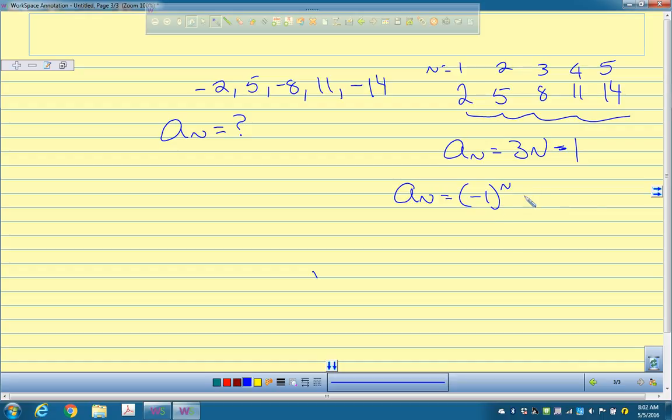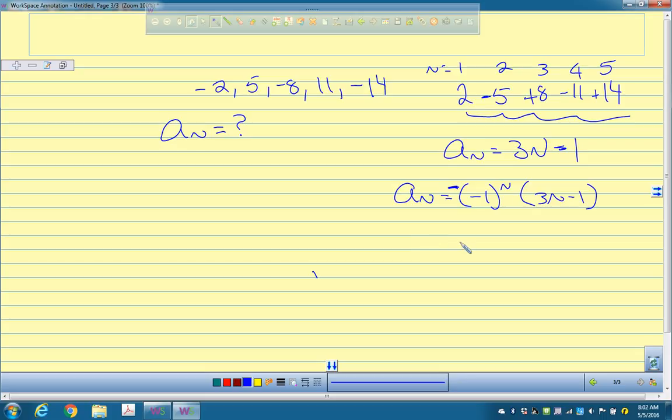And so here's a kind of a bonus idea. What if, instead of it starting with negative, I wanted this second number to be negative? So what if I want to go negative, positive, negative, positive? Yes? You put a negative sign in front of the negative 1 to the nth power. Oh, that would work. Yeah, you could put a negative sign in front of here.